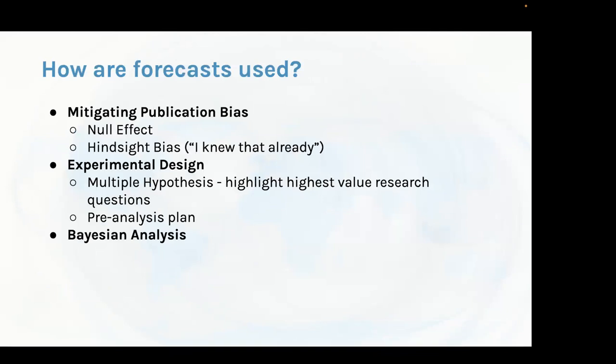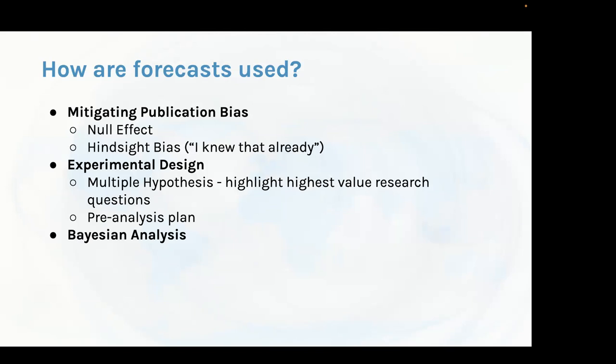Let me explain a bit more about how the forecasts are used. The first major reason is to mitigate publication bias. It's common for papers that find null effects not to get published, because people assume a null effect is not interesting. But when the academic community's consensus is that there is an effect on something and we actually find a null effect, that is actually interesting and worth publicizing.